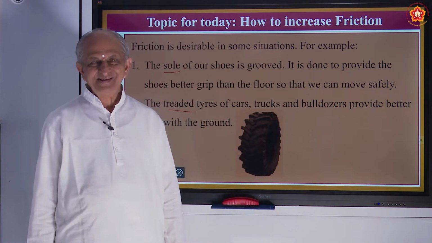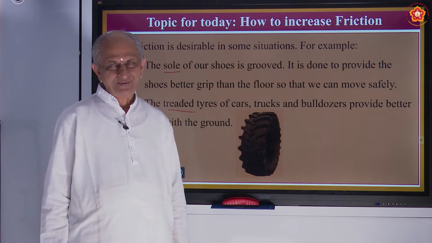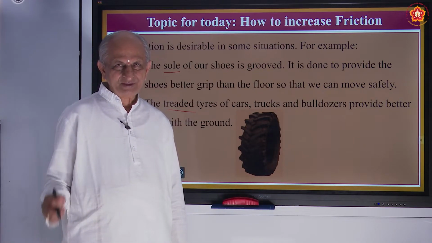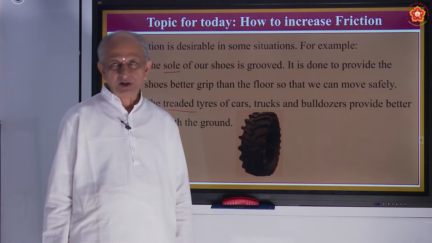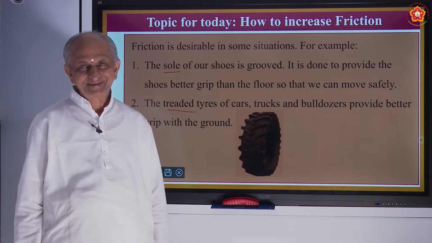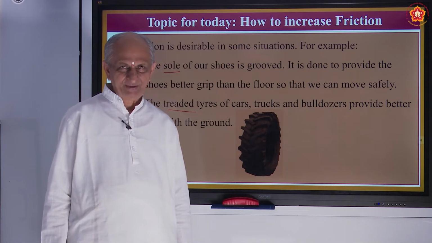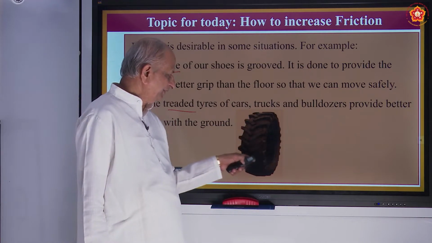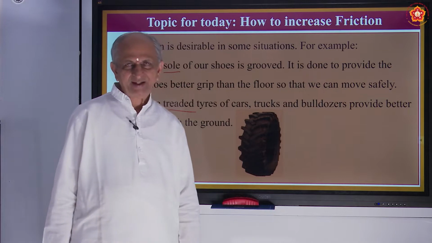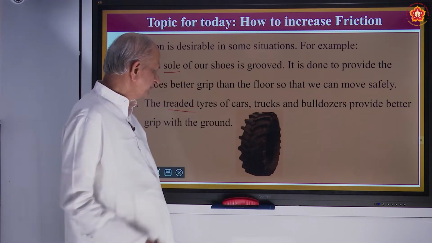Why is it made so? To have a good grip. Why do you want grip? Because especially in tractors or in military tanks or in any heavy vehicle like jeeps and all, this is threaded very heavily so that it can withstand the mass.